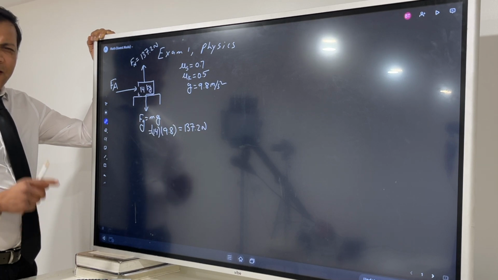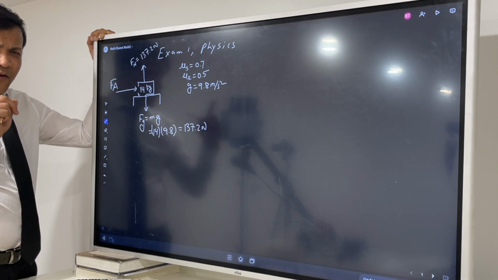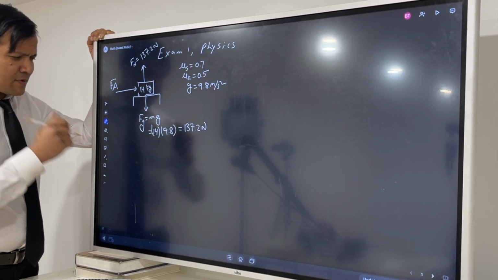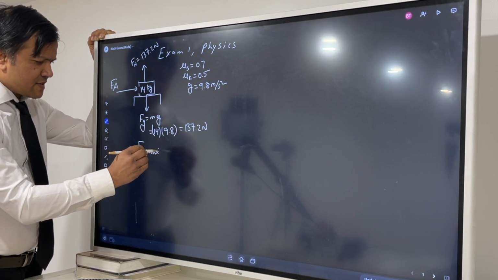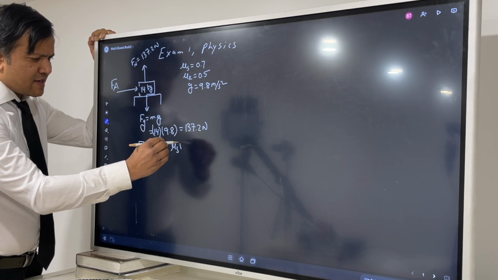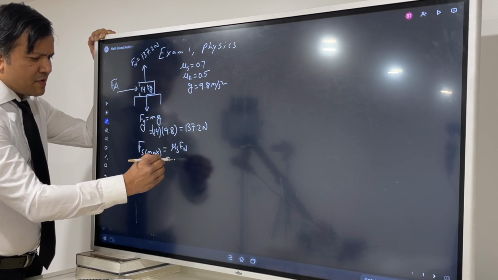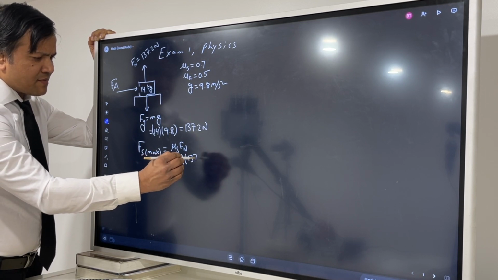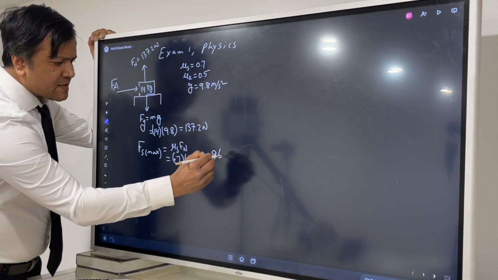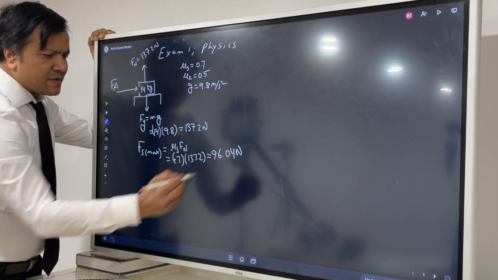Alright, what else can we find? We can find the maximum frictional force possible. The maximum frictional force is, of course, mu s Fn. Mu s is 0.7 times Fn, which is 137.2, giving 96.04 Newton.